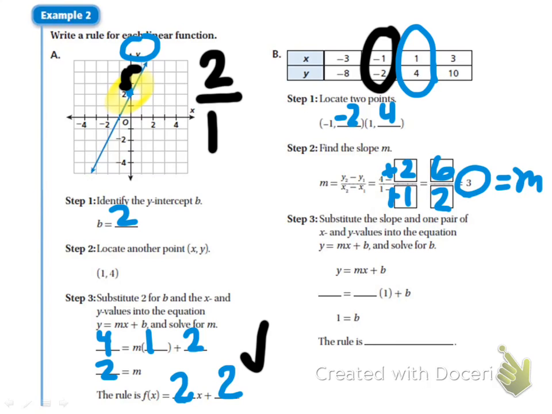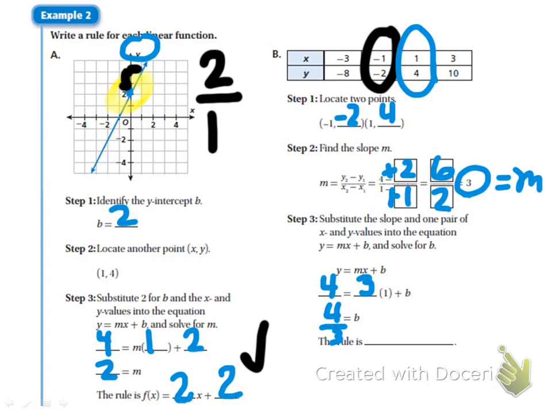Now I'm going to substitute the slope and one pair of the x and y values in the equation below. So I'm going to substitute in 1, 4. That was my point that they chose for me. So when I put that in and I find that the b should be 4/3, not 1.